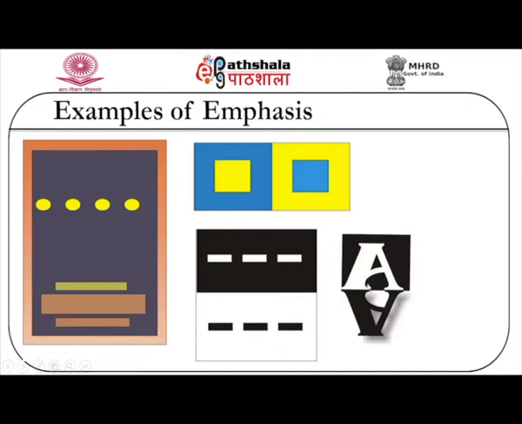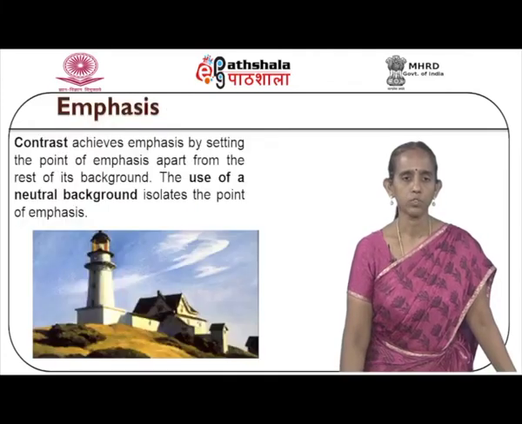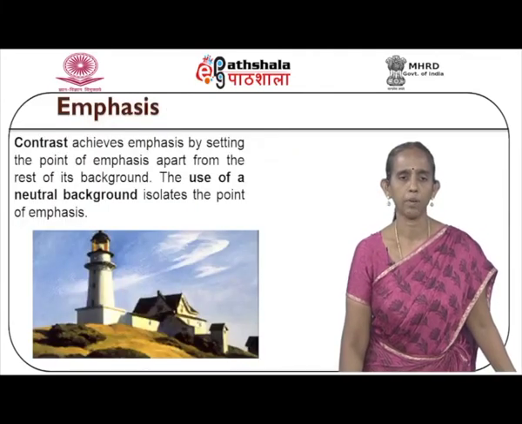Here also we have an A, and the mirror image of that A. The mirror image of the A is emphasized by providing a different color to it. So these are examples for emphasis.